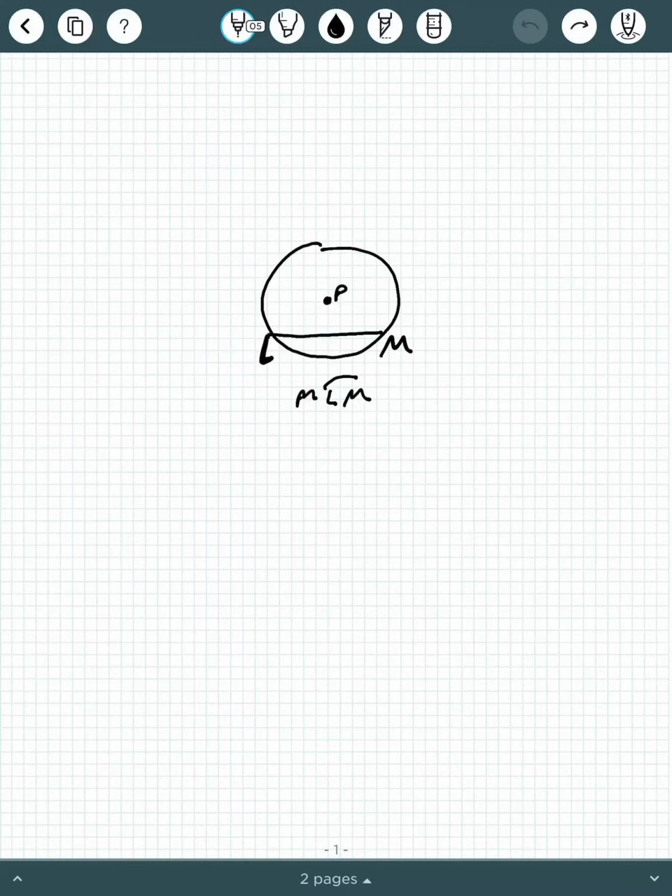let's look at my crudely drawn circle here. Remember, I'm not using a compass, but you should be if you have one at home. They told us the measure of arc LM was 150 degrees. They also told us the radius was 6 units, and that's an important piece of information because I just drew the radius, PL, and then also PM, and I know those are 6 units.